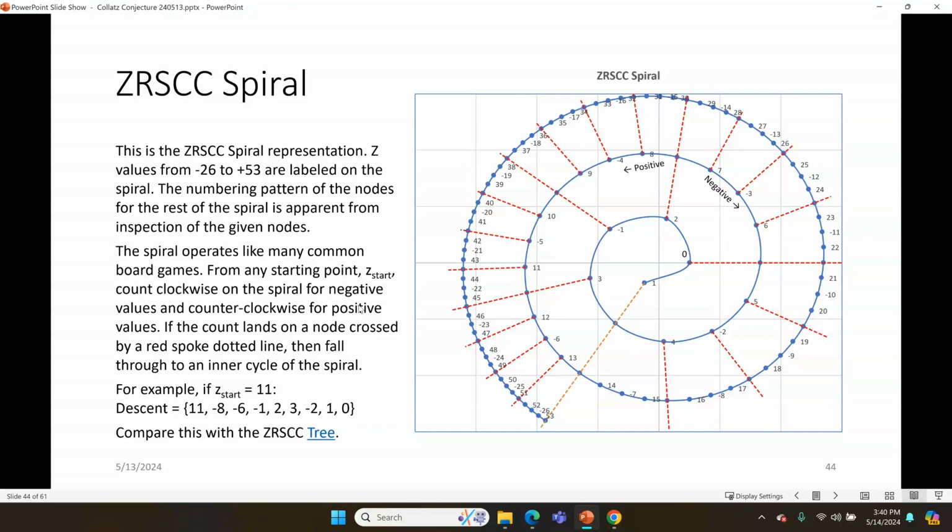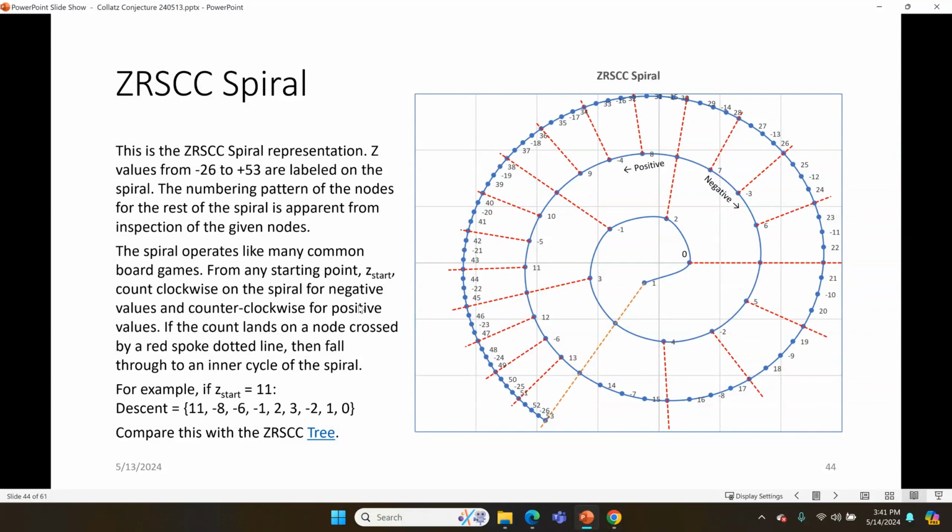So if we have a number that's positive, we count in the counterclockwise direction, and a number that is negative, we count in the clockwise direction. So, for example, if we start with node 11, which is on the left-hand side in the intermediate cycle, we would count 11 clicks to the right, which would land on node negative 8, which is near the bottom there.